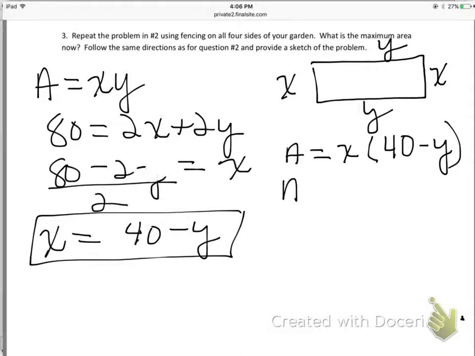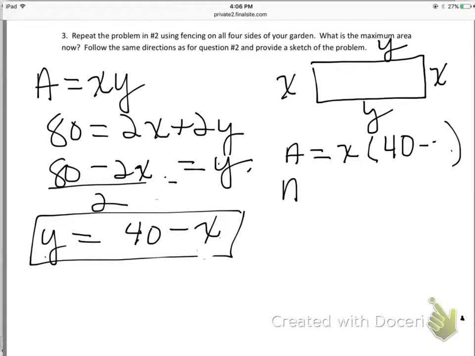I'm going to erase this, because I want everything to be in terms of x. So 80 minus 2x, divided by 2, equals y. So therefore, y equals 40 minus x.